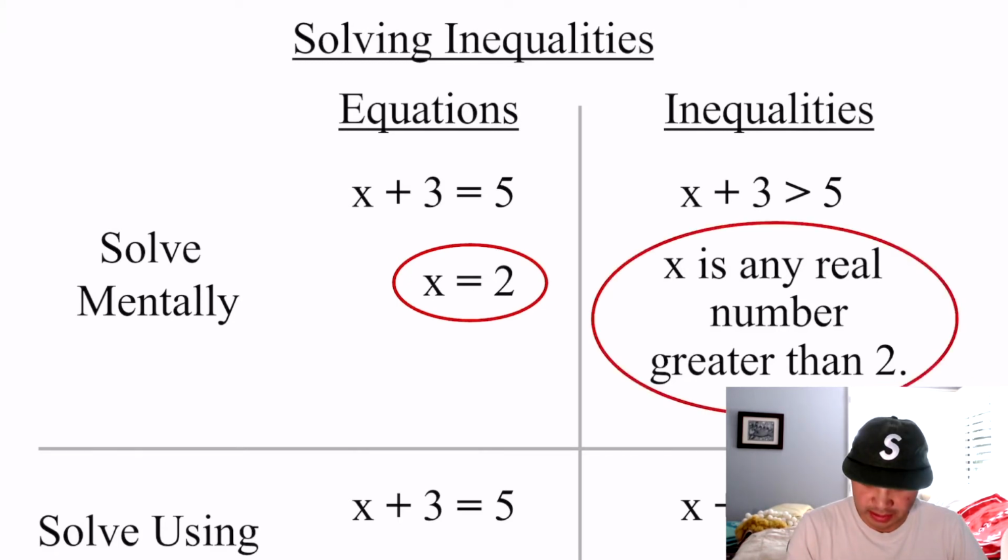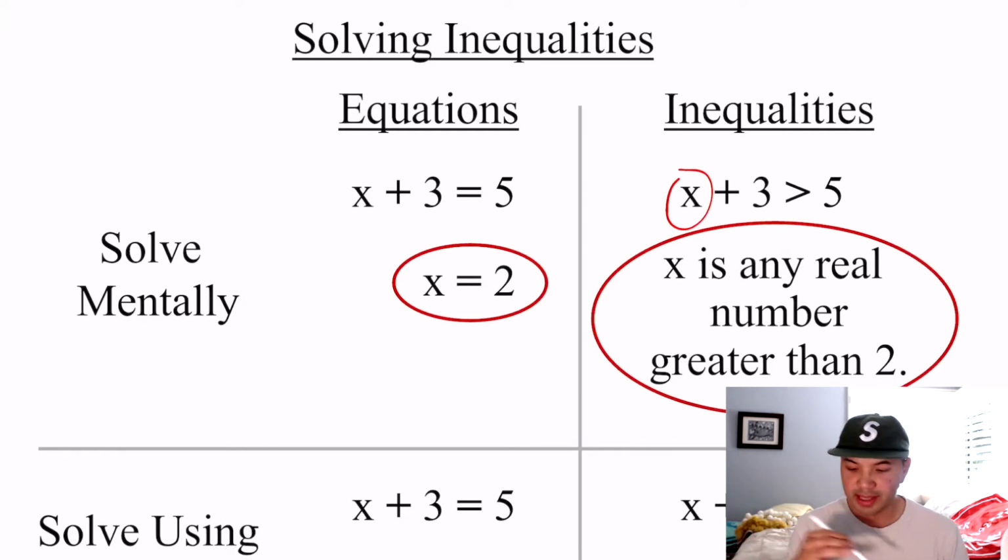If you plug it in to x, it will make the inequality true. For the equation on the left side, only x equals 2 is the only number that if you plug it in, it gives you a true statement. For inequalities, any real number that's greater than 2, so an infinite amount of numbers, you can put in there, and it will give you a true inequality.